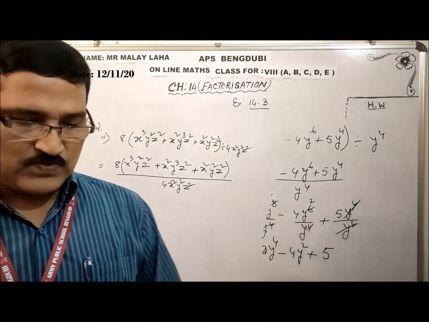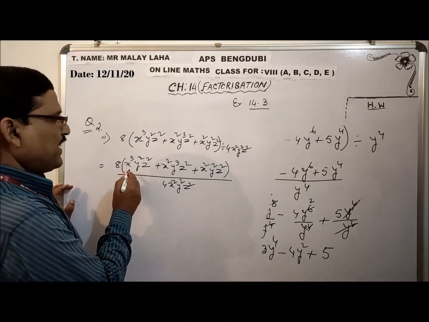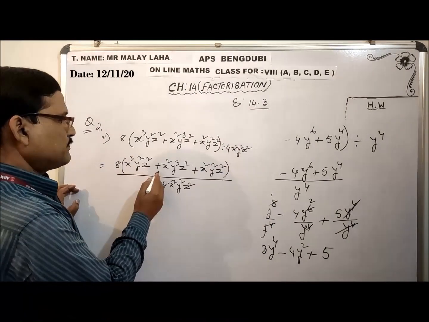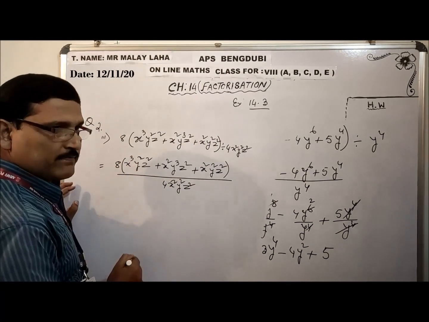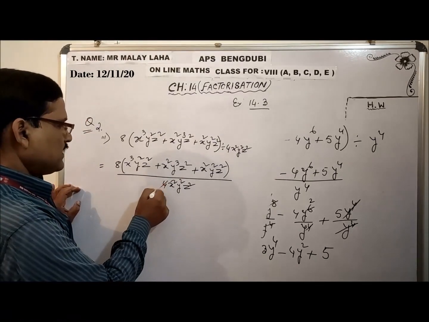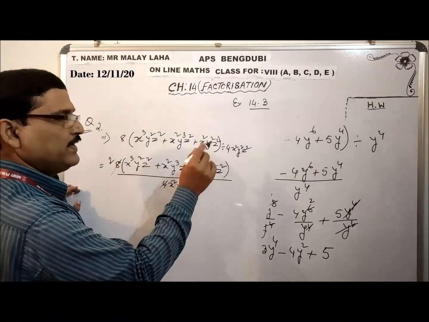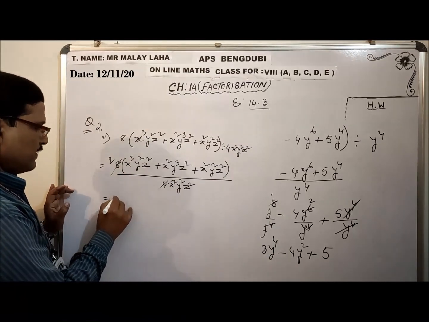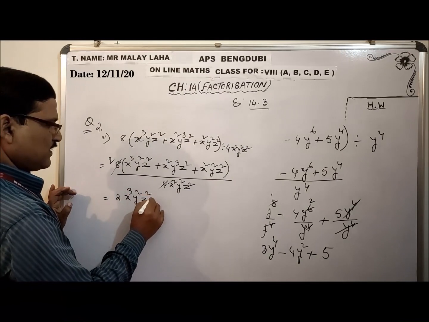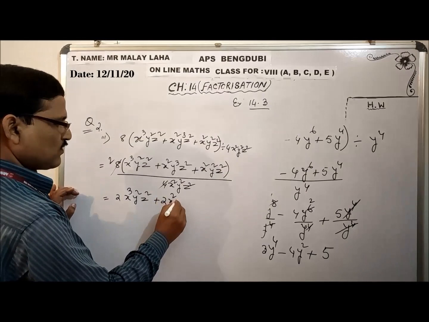Now this question is a little bit different. You see we have 8, but that is in a bracket. That means all the terms present inside the bracket we need to multiply by 8. But why multiply? We should not make it longer. So if I cut this power, it will be 2. Now instead of 8, you can multiply by 2: 2x cube y square z square plus 2x square y cube z square plus x square y square z square.